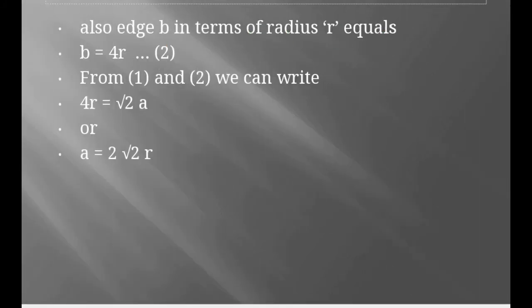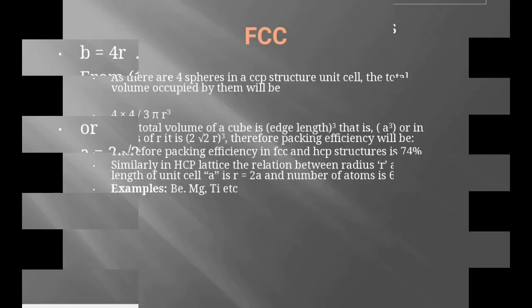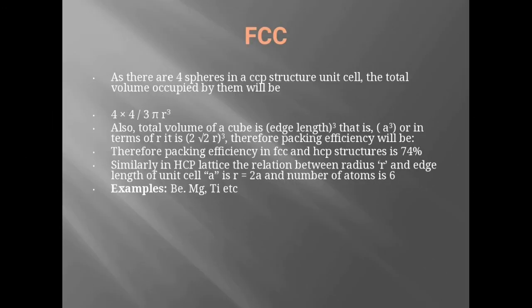AC squared is equal to BC squared plus AB squared, and AC will be equal to b and BC will be equal to a. So when you substitute this by the Pythagoras theorem, you can get the b value as 4r. So 4r is equal to root 2a, and then a is equal to 2 root 2r.